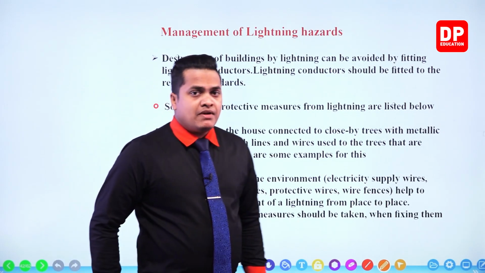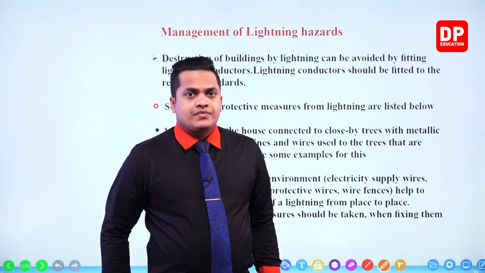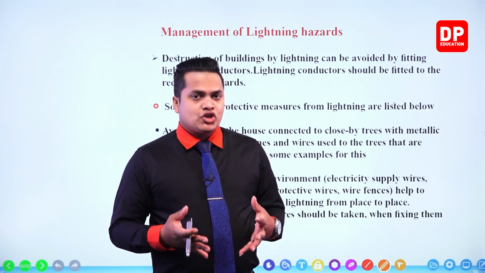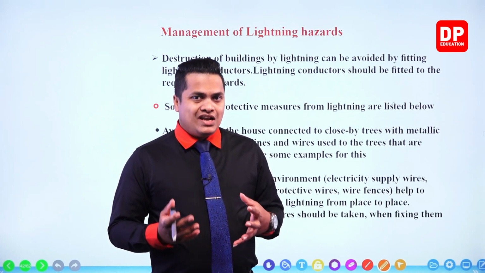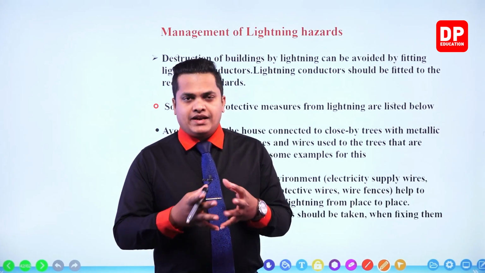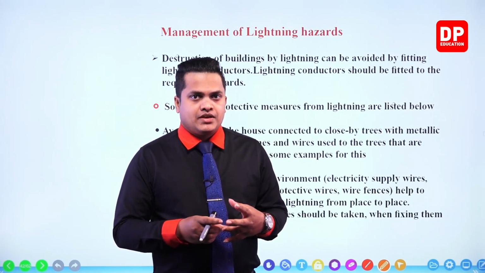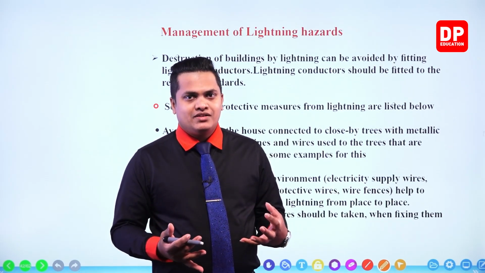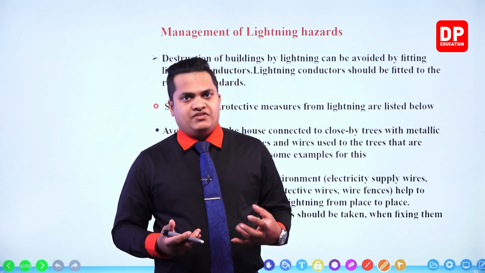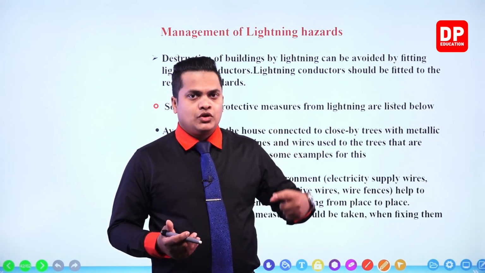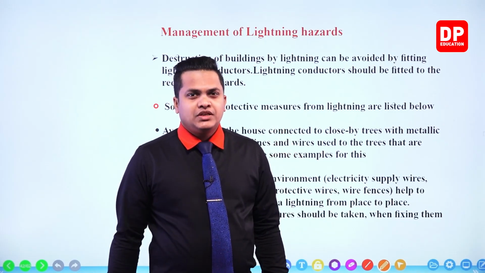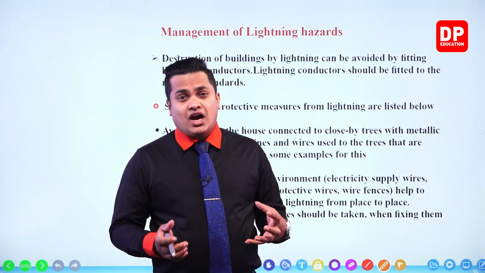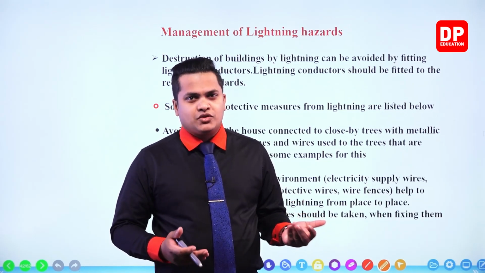Now, what do you mean by a lightning conductor, my dear children? I told you that lightning is a type of electrical discharge. In simple terms, lightning means a beam of electricity coming from clouds to the earth. Electricity travels through conductors, especially metals.